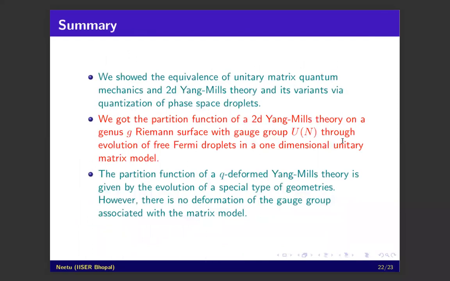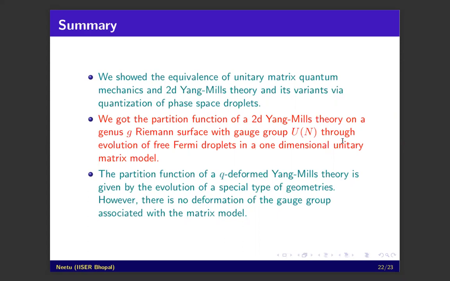Let me just summarize. What we did is we took a bottom-up approach to show a connection between the unitary matrix model in 0+1 dimension and Yang-Mills theory via quantization of phase-space droplets. Then we got the partition functions of two-dimensional Yang-Mills theory on a genus G Riemann surface through the evolution of these free Fermi surfaces.